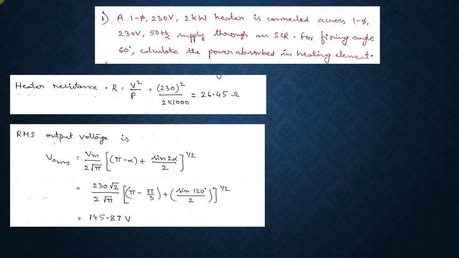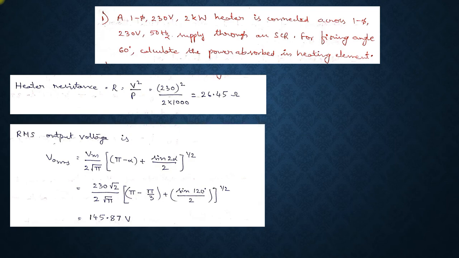I put my calculator in degree mode, so I have written 120 degree here. Otherwise I would have written 2 pi by 3. If I put my calculator in radian mode, then instead of 120 degree, I need to substitute 2 pi by 3. But here you should definitely mention pi by 3 only instead of alpha, because it should be subtracted from pi.